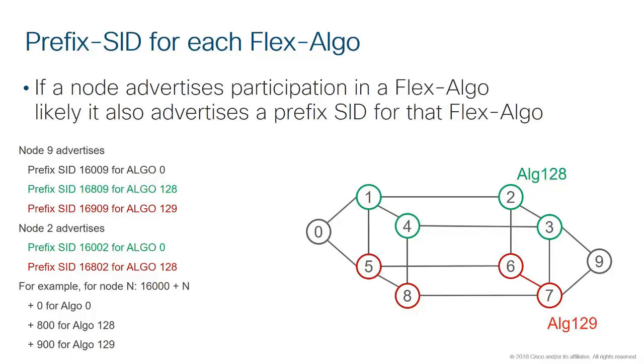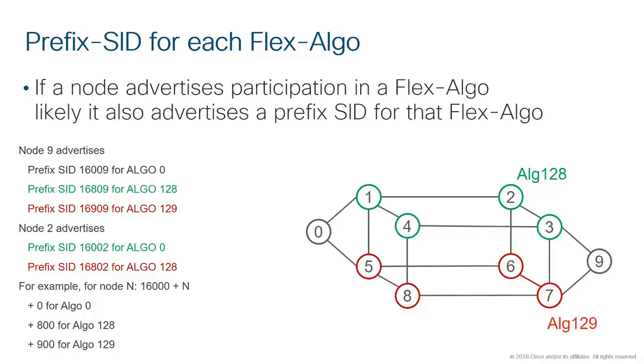So if we expect the most likely deployment, node 9 is part of the 3 algorithms, and it would advertise 3 prefix SIDs: 16,009 for algorithm 0, 16,809 for algorithm 128, 16,909 for algorithm 129. And here, obviously, in practice, you pick your labels the way you want.